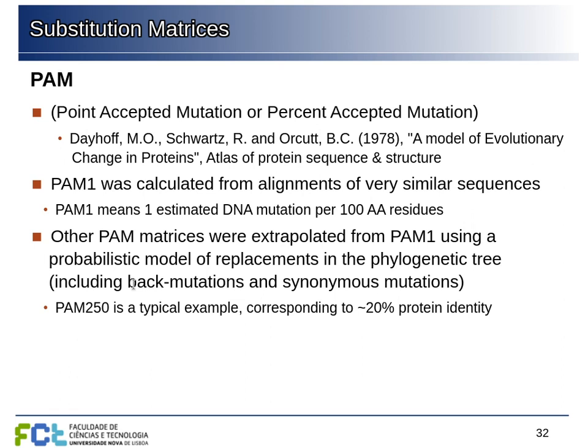And as we accumulate mutations on the DNA, we start having mutations occurring in positions where previously other mutations have occurred. So, for example, if we have a PAM 250, this means that we have an average of 250 DNA mutations for every 100 amino acid residues, but this still corresponds to about 20% protein identity, because some of these mutations reverse previous mutations.